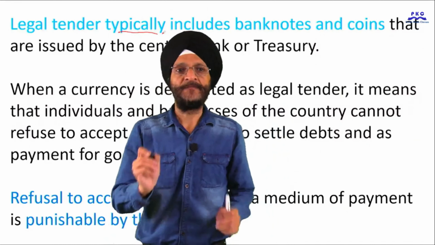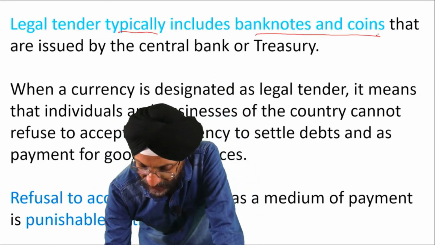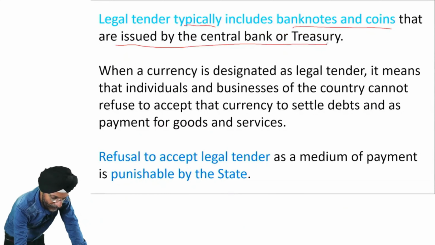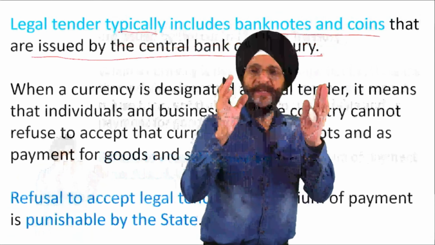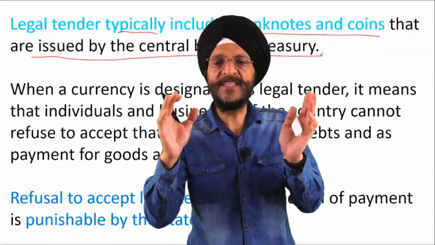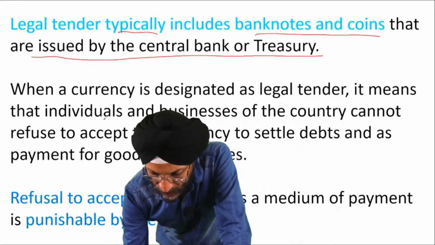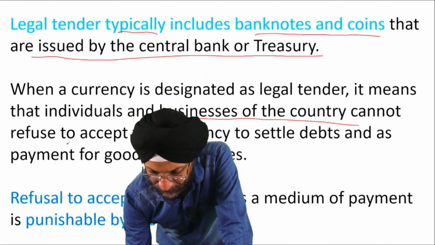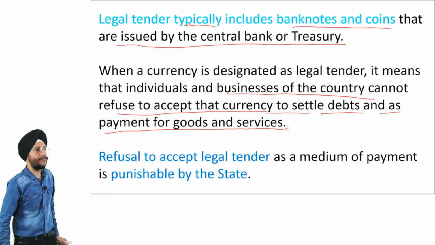Legal tender typically means generally. Legal tender generally includes bank notes and coins that are issued by the central bank or treasury. When a currency is designated as legal tender, it means that individuals and businesses of the country cannot refuse to accept that currency to settle debts and as payment for goods and services.